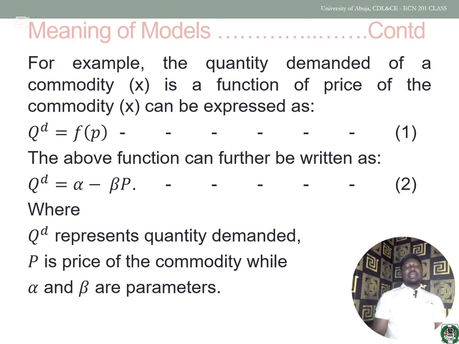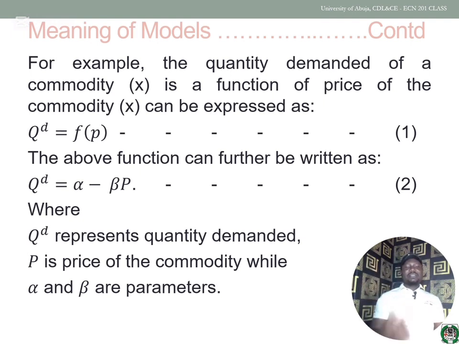So if you want to expand such a function, you can expand it in such a way that it looks like QD equal to alpha minus beta P. QD, the D is superscript, Q raised to power D. You understand?